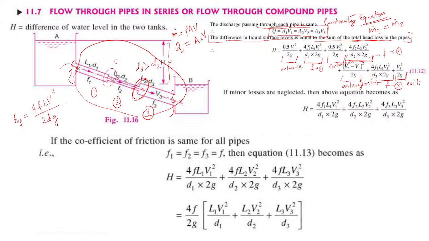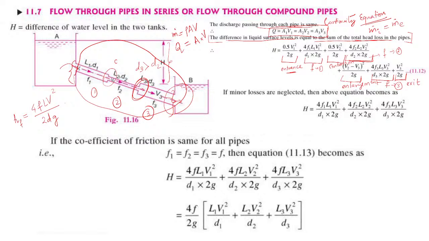So the entrance and exit are not discussed when it is entering within the pipe. From some vessel or some other reservoir, when it is entering inside the pipe, that is the formula that we are considering. The same thing is applicable when it is leaving from the pipe, not within the pipe. I hope I have made it clear. So understand this, you have to remember this formula well, right?